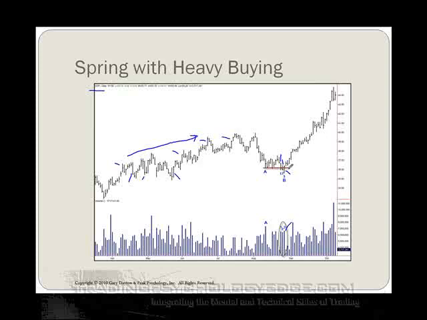What that says is that this market was being bought. It was coming down here on a reaction, right? And it comes to this level, and somebody was in there buying, and they were not going to let it go down lower.